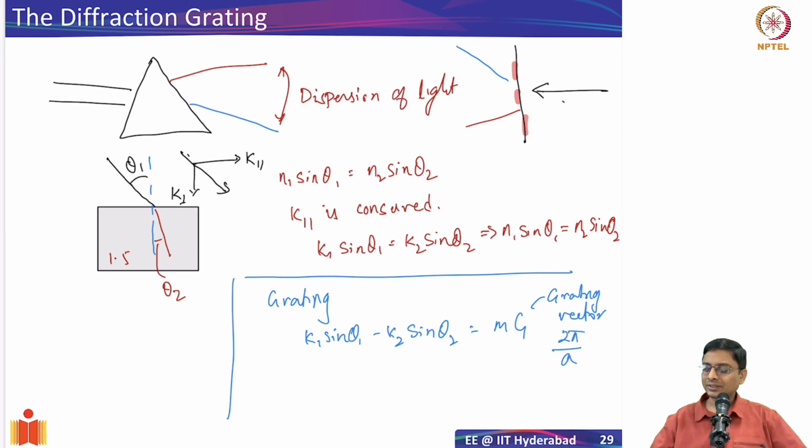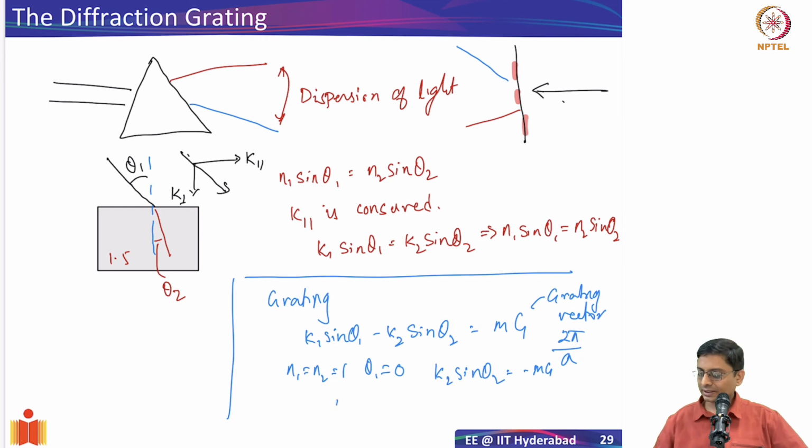So now let us consider the easiest case, n1 equal to n2 equal to 1 and θ1 equal to 0. So what happens? Immediately you see that k2 sine θ2 equals m g, the grating vector. I'll simply drop the negative sign because I can always drop that. So g is 2π by a and k is 2π by λ.